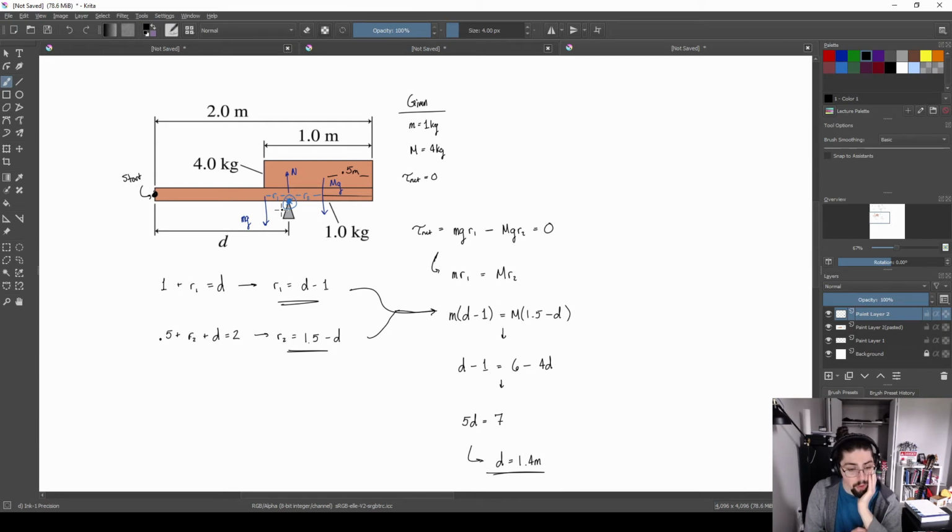How much is the normal force in this problem? What does the normal force need to be doing? What's its job here? Any guesses? Mg plus Mg. Yeah.